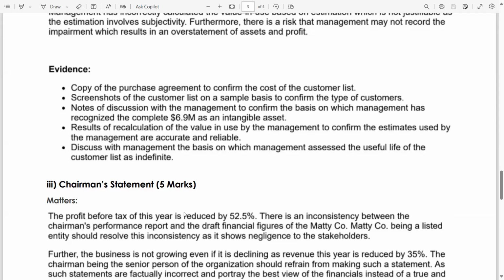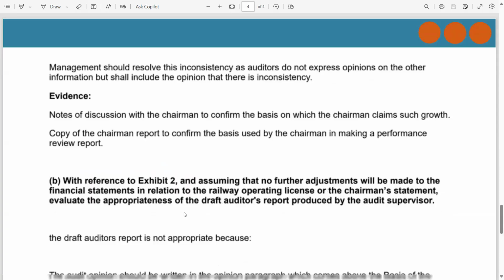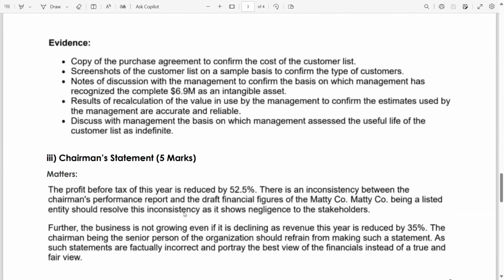Results of recalculation of the value in use by the management to confirm the estimates used by the management are accurate and reliable. Discuss with management the basis on which management assessed the useful life of the customer list as indefinite. So guys, this is how you should explain your answer.